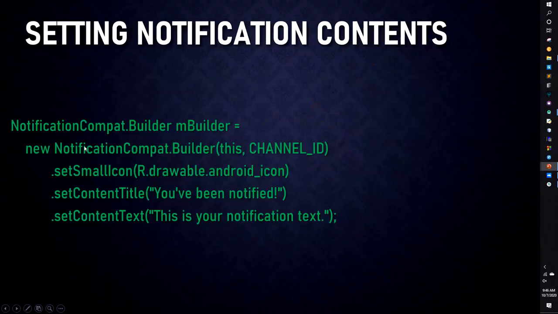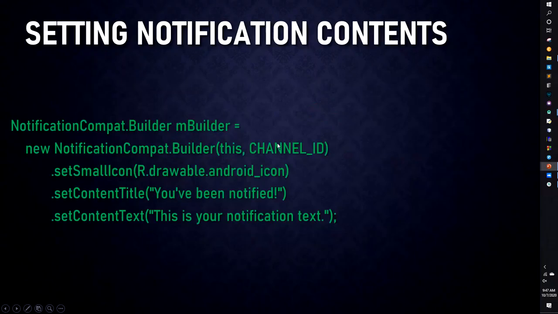Okay, this is the code for setting the notification contents. You use the NotificationCompat.Builder object, and you pass the application context and the channel ID. This is only needed if you are targeting API level 26 and above, or Android 8 and above. If you plan for your notification to work on this Android version, you have to specify the channel ID here.